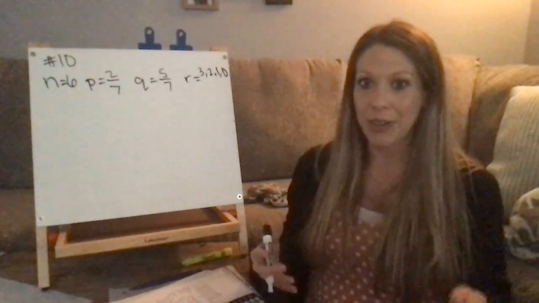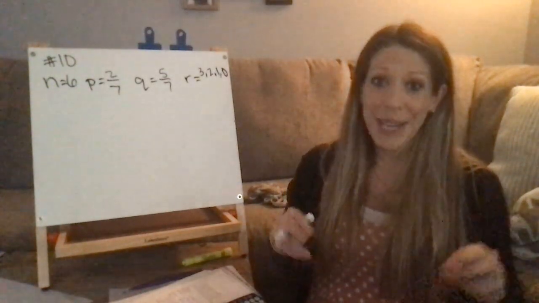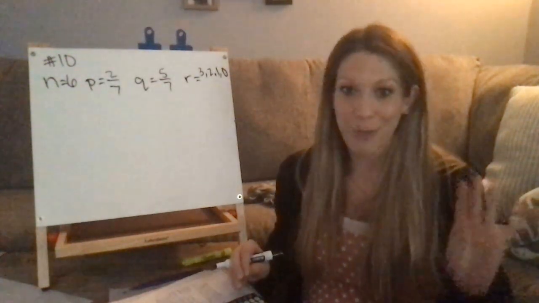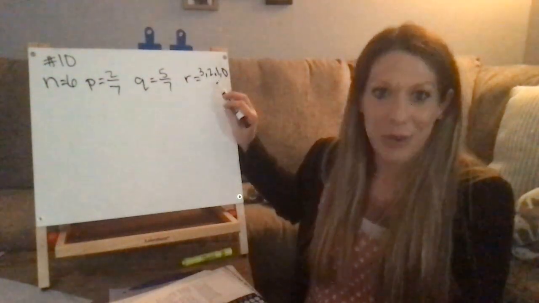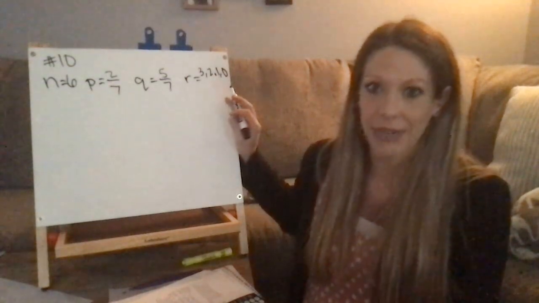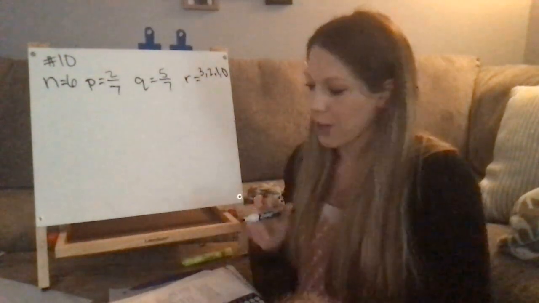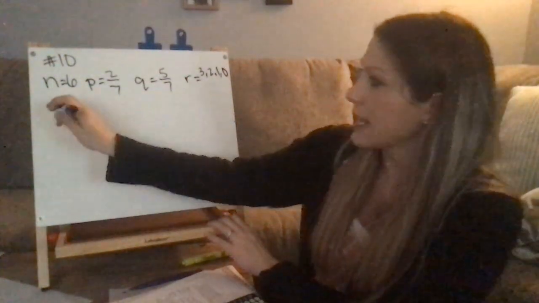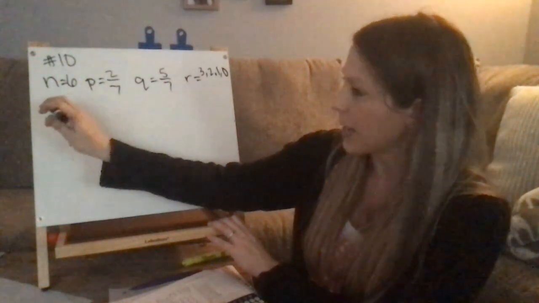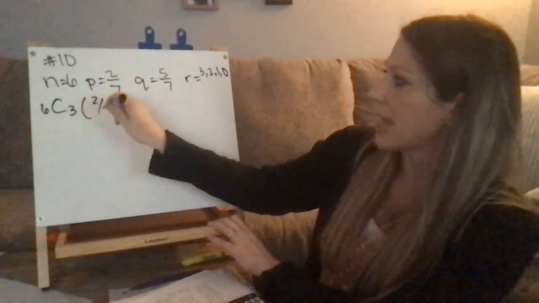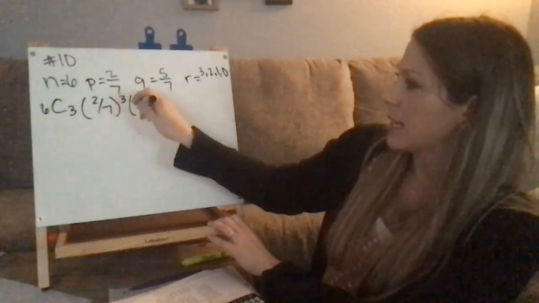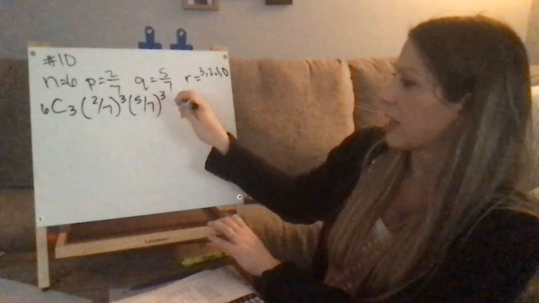So what we need to do on this particular problem is we need to set up 4 different formulas. 1 for when R is 3, 1 for when R is 2, 1 for when R is 1, and 1 for when R is 0. Let me set up the first one for you. So if R is 3, we'll just go in order here. We would have 6 choose 3 times 2/7 to the 3rd times 5/7 to the 3rd.